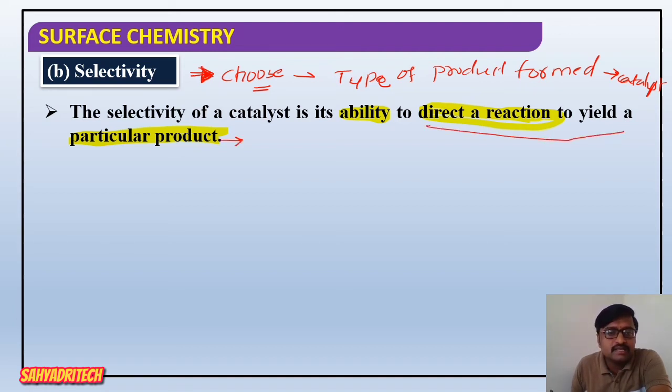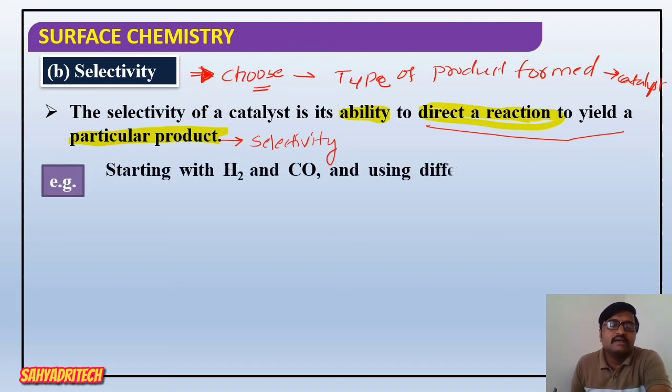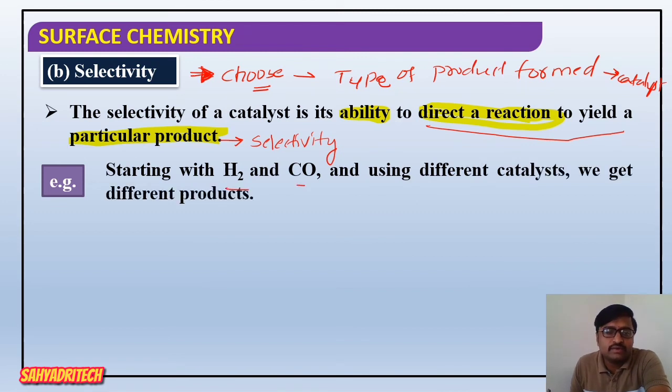We call that selectivity. Well, we analyze it with an example. Now if I consider a reaction between H2 and CO, that is, hydrogen and carbon monoxide at different conditions, if you use a different catalyst, we get a different product. Say reactants are common.